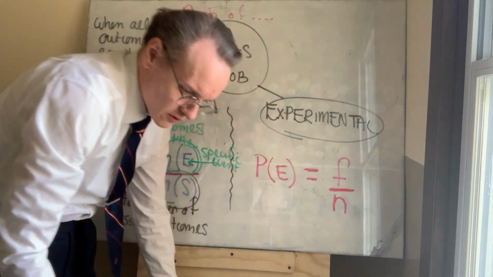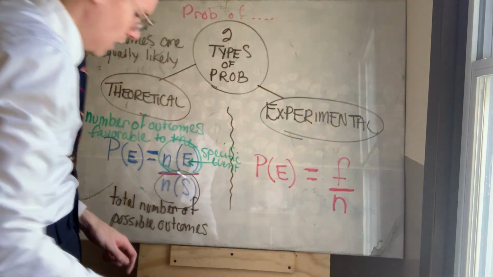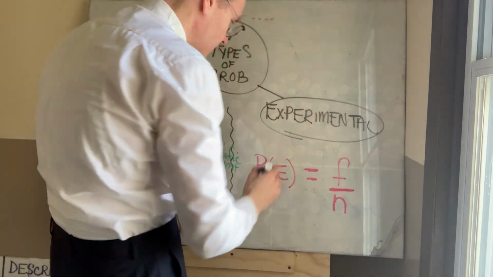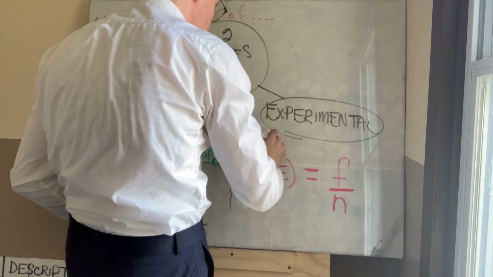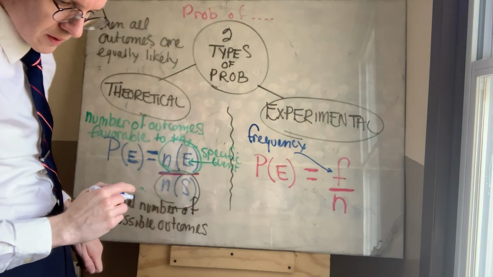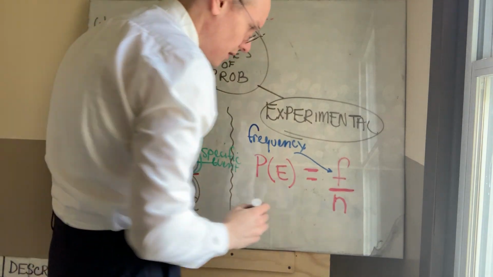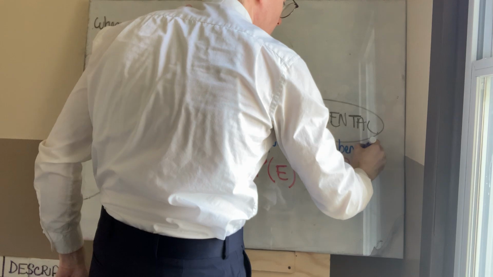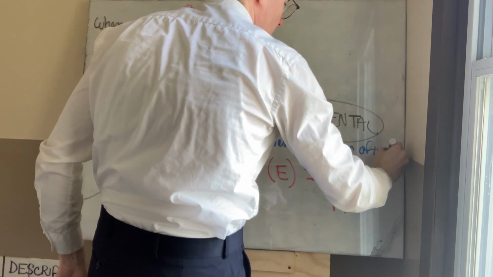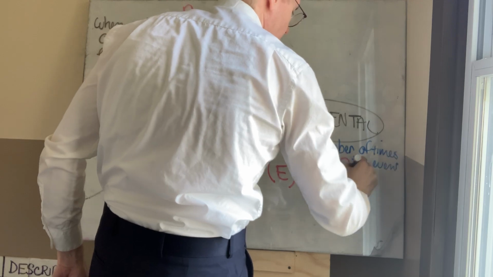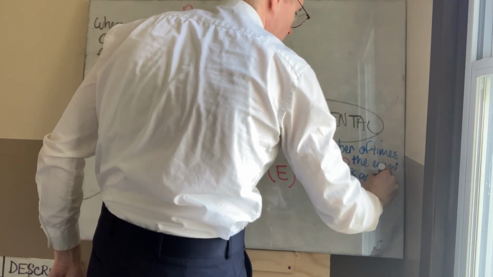All right, and in which case, what is this F? It's the frequency. That's why the F, right? Or you might say the number of times the event is actually observed.